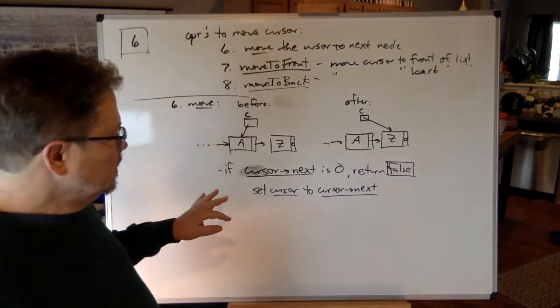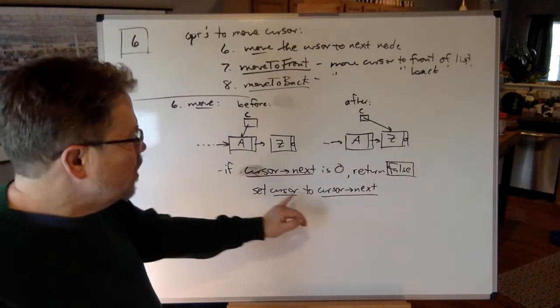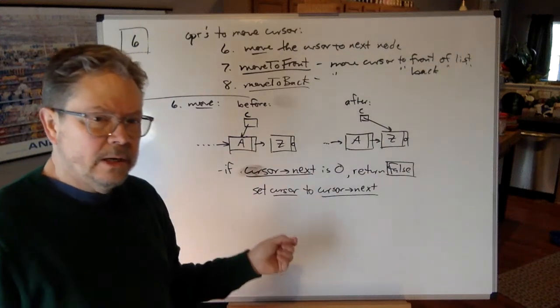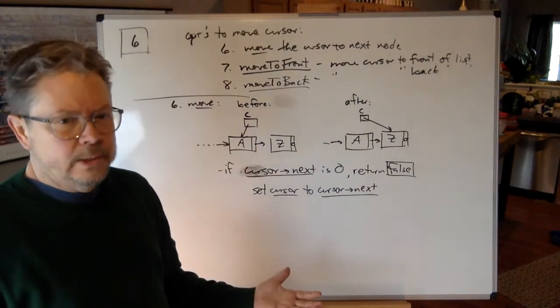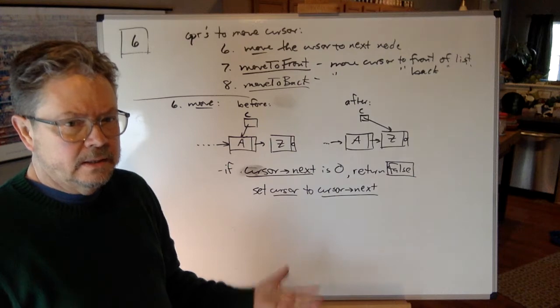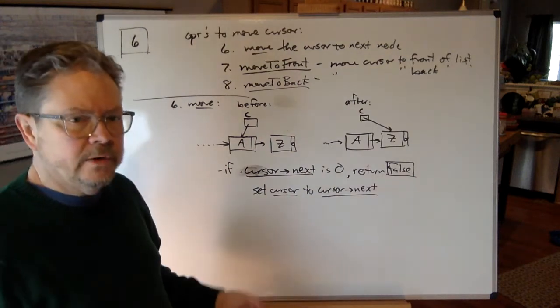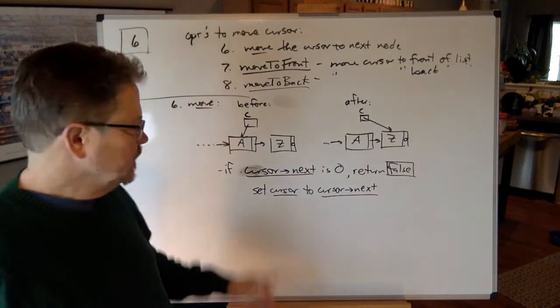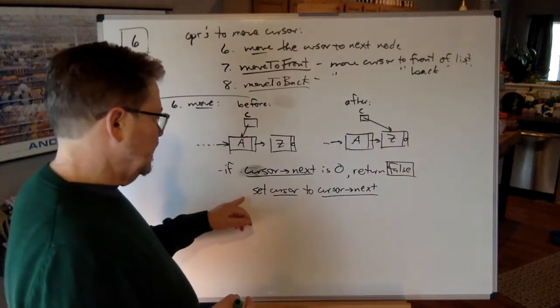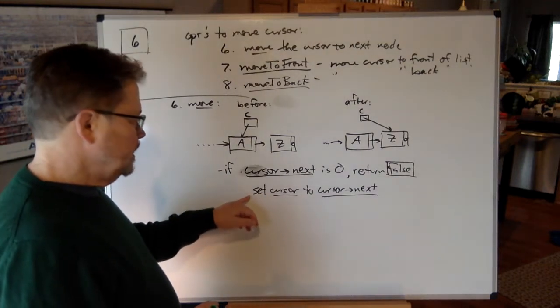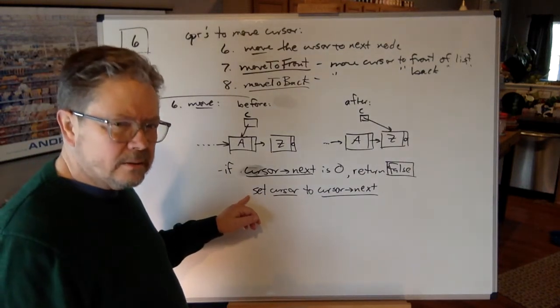In other words, if there's some way to detect right at the very beginning of a function that we're not going to be able to complete that activity, then get the heck out of Dodge. Return false and forget about it. This then, I'm sorry I indented, this becomes an implicit else.